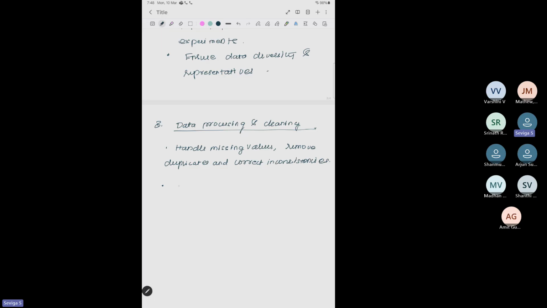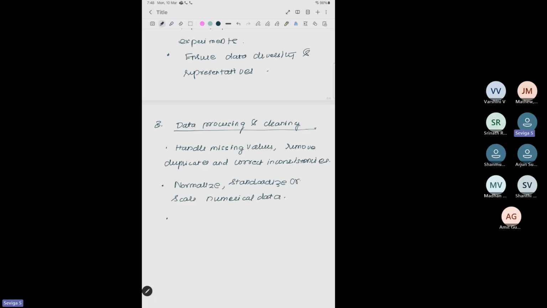The next thing you have to do is normalize and standardize the data so that everything is in one range. If it's numerical data, you have to normalize and standardize it. Sometimes you need to scale your data also. Based on your data, you have to choose a method and do it.